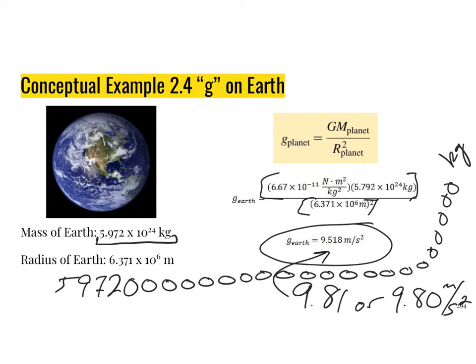You see how this is a problem? If this whole line of zeros is approximated, that's a really long line of zeros. And of course, the same thing with the radius, that's going to lead to some type of round off error. But 9.81 or 9.8 compared to 9.5, yeah, that's close enough.